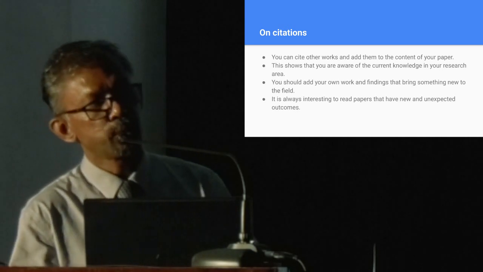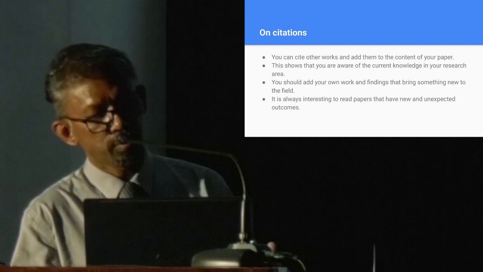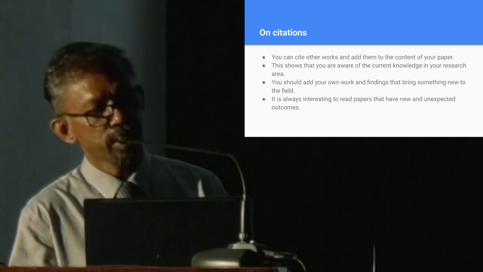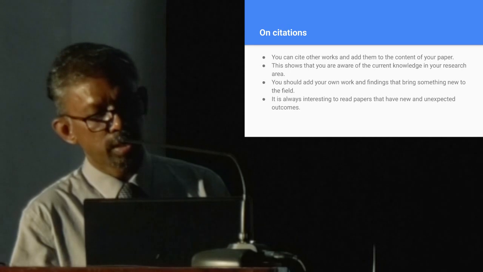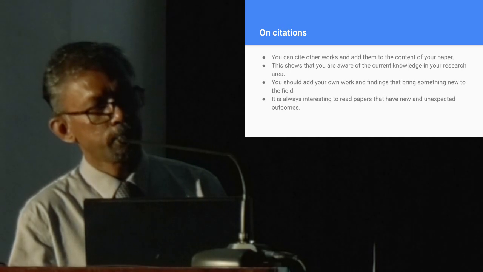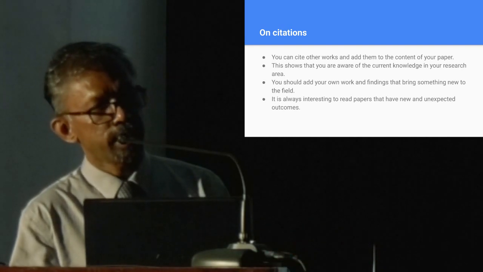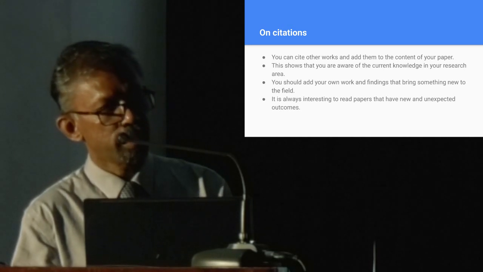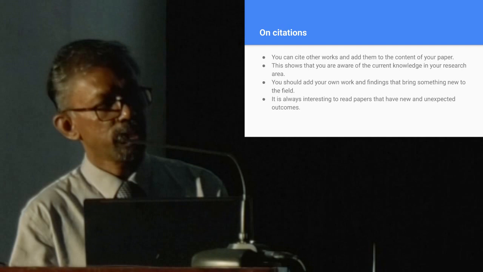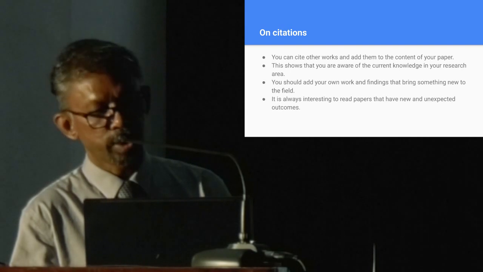So as we were talking about the state of the art and what others have done, it is very important that you properly cite such work in your paper. So this supports two requirements. One is it provides context for your work, because you are citing others' work and saying this is what has happened, this is the area that I am focusing on, this is the kind of work that has happened in that area, and this is the problem that I am looking at.